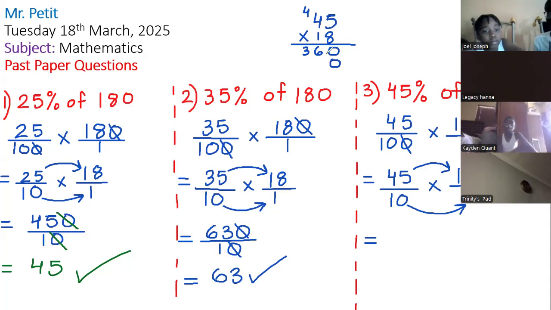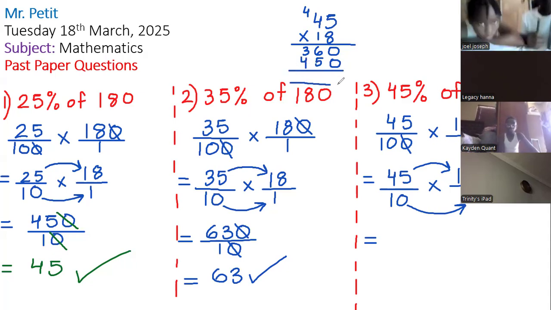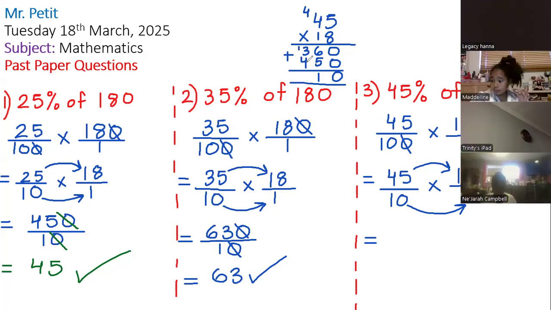1 times 5 is 5, and 1 times 4 is 4. And then you add it. You place on your 0. Place on 6 plus 5 is 11. Carry 1. 3, 4 plus 3 is 7, and add 1, that's 8.